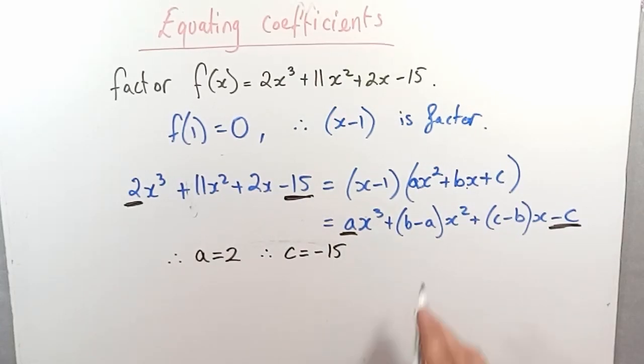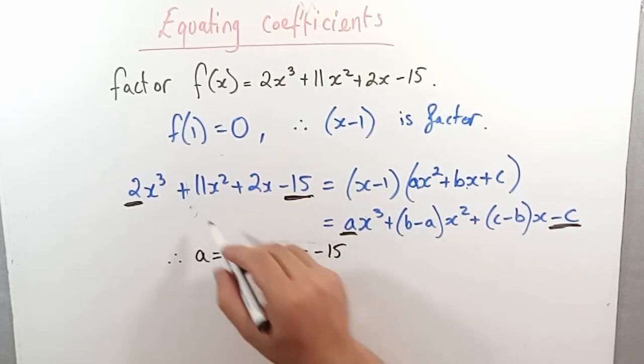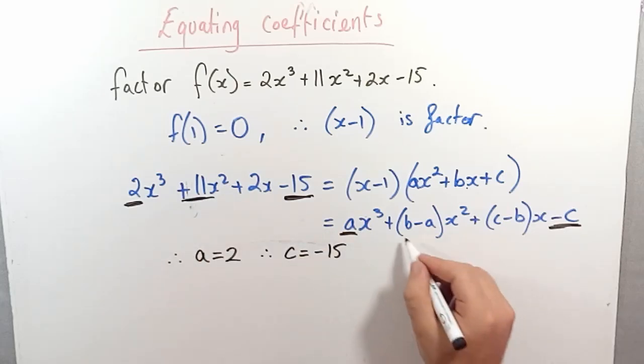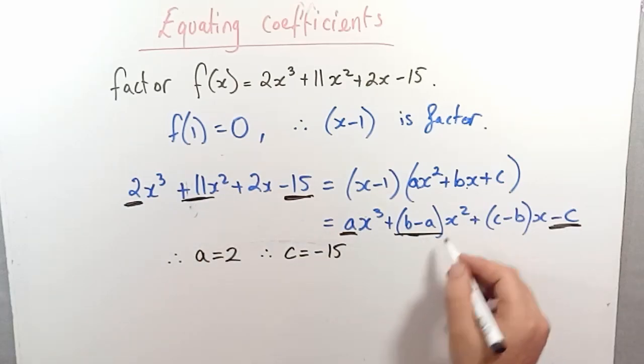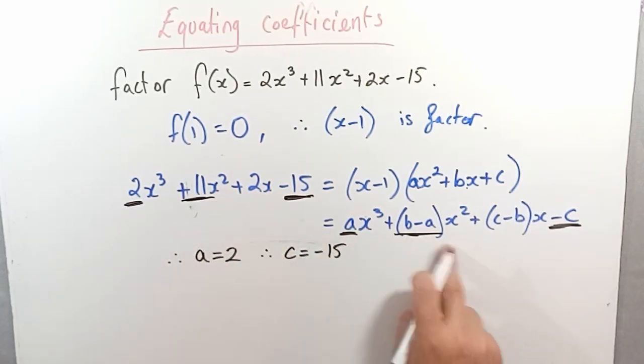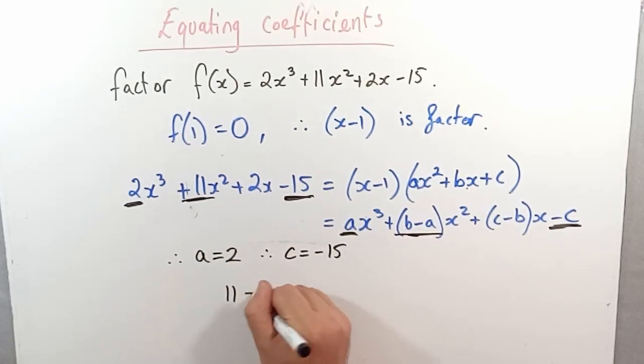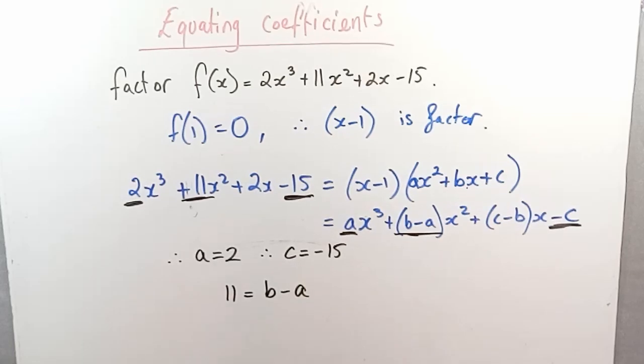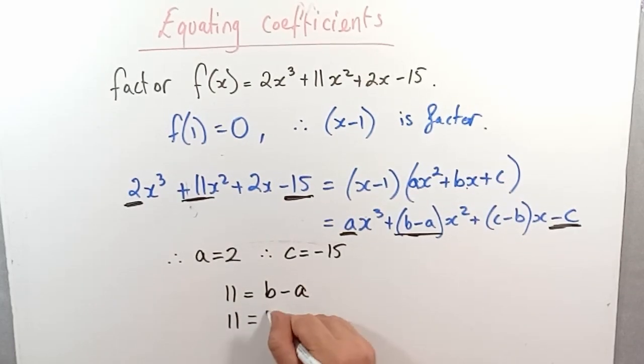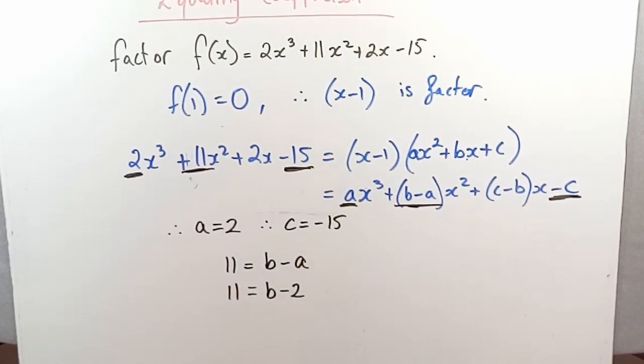Excellent. So I've only got to work out what b is. If I look at my 11, it has to equal the coefficient of x squared. So look at the x squareds, look at the coefficients, equate them. So 11 has to equal b minus a. But I know a is already 2, so 11 is b minus 2.